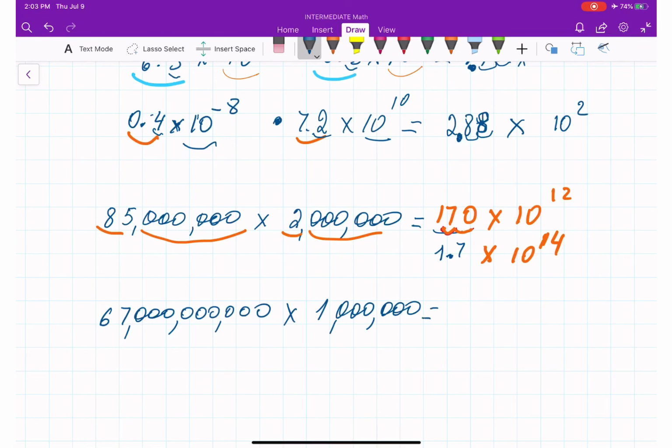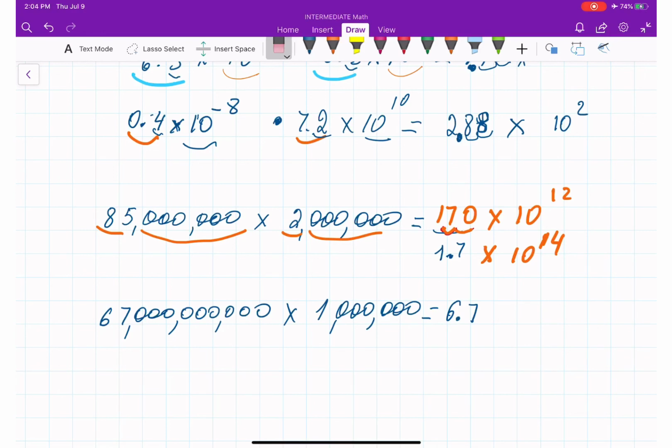So it's going to be 67 times 1. It's going to be 67. But since 67 is not a scientific notation, I'm writing 6.7, which means I have to keep in mind I have to move by 1 more digit there. 67, I represent it as 6.7.